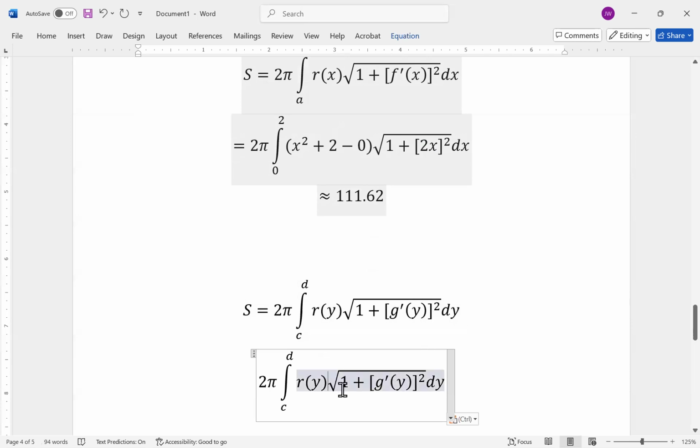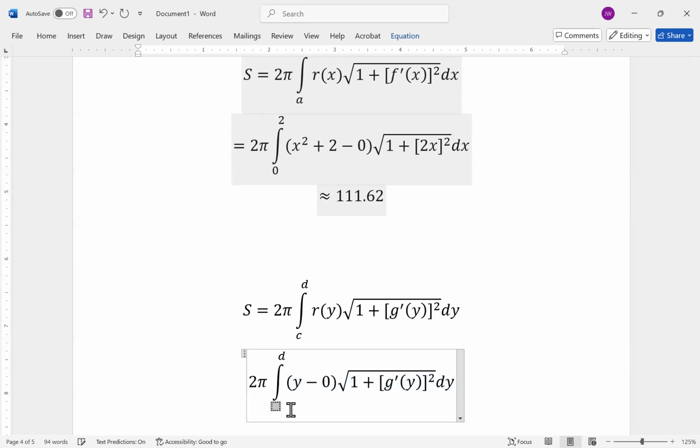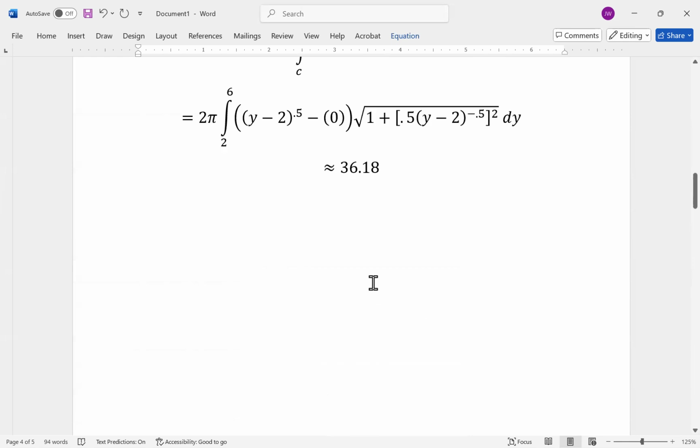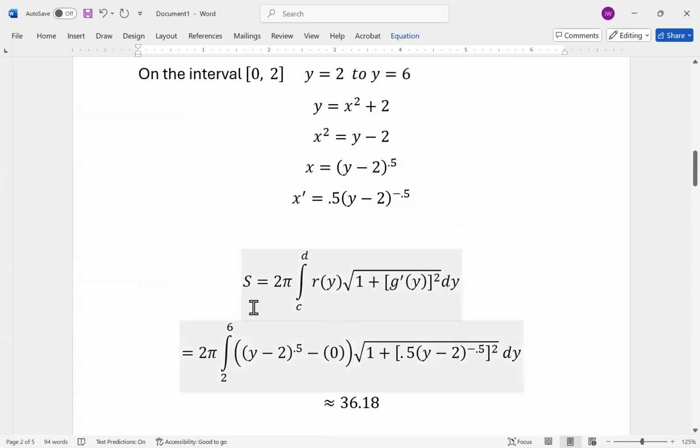The radius would have gone from an arbitrary y value down to 0. The integration with respect to y would have gone from 2 to 6. Remember, that was my integration with respect to y here. So my radius would have been y minus 0.